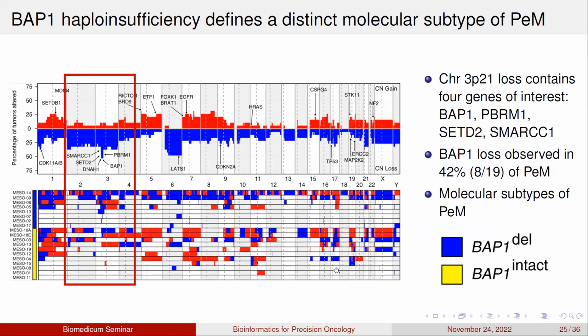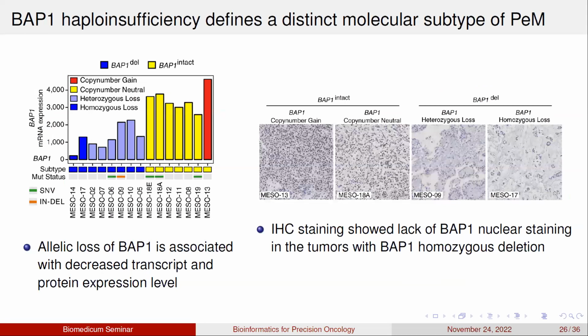So first, we measured the gene expression of these cancers, also in the context of their copy number. I have laid out these 19 patients here, and we are visualizing the mRNA expression using the RNA sequencing data. The red represents copy number gain, which has the highest expression over here, and then the copy number neutral, that is, diploid.